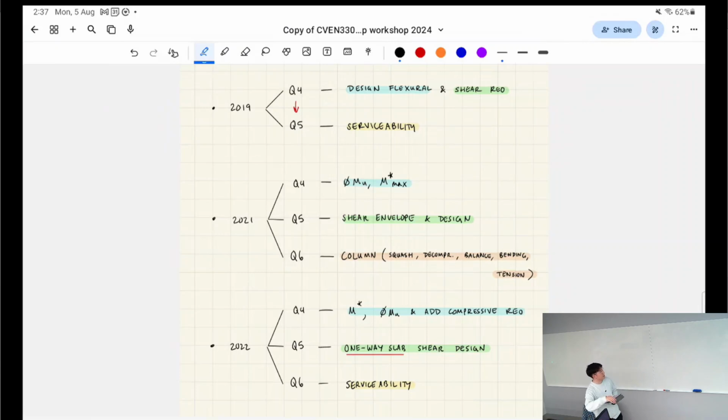Alright, chuck your hand down. Chuck your hand up if you want to do a serviceability question. Okay, chuck your hand down. Chuck your hand up if you want to do a columns question. Okay, chuck your hand down. I'm pretty sure flexure is 1, so we'll start with that, and then we'll revote for the second question later, right?